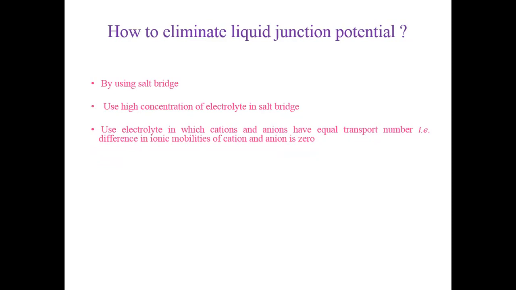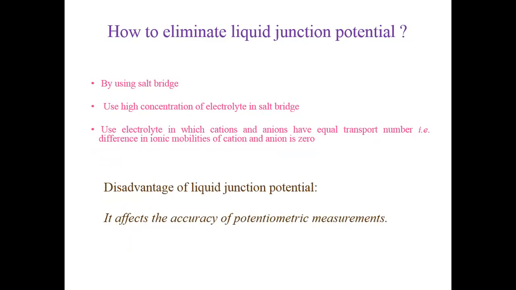Or in other words, the difference in transport number of the electrolyte used in the salt bridge should be zero. So what is the disadvantage of this liquid junction potential? It affects the accuracy of our potentiometric measurements. All right.